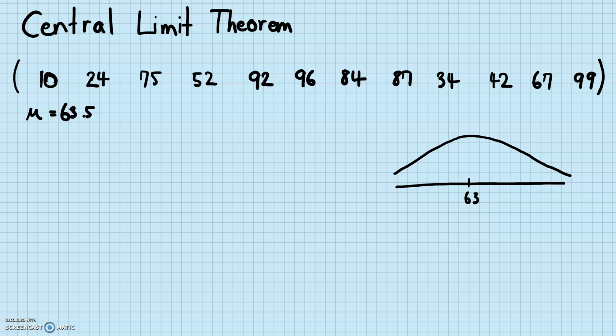So student A, these were the scores taken by student A. And these were the scores taken by student B. And lastly, these were the test scores of student C.